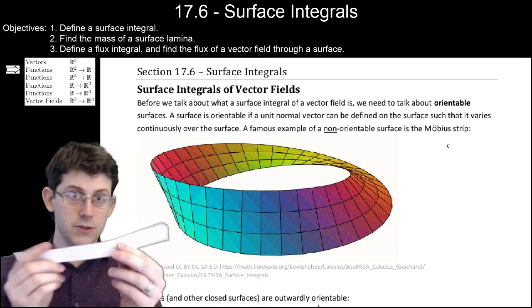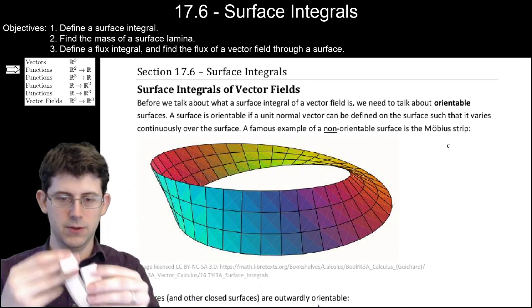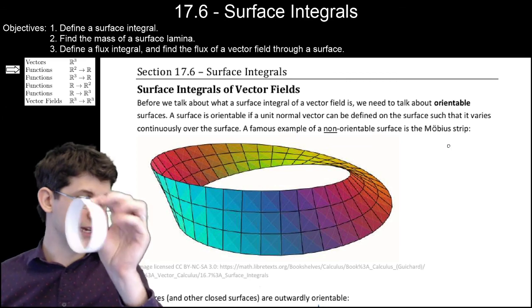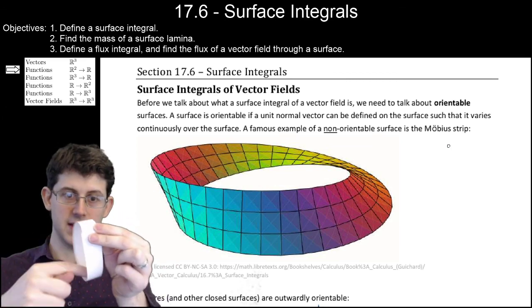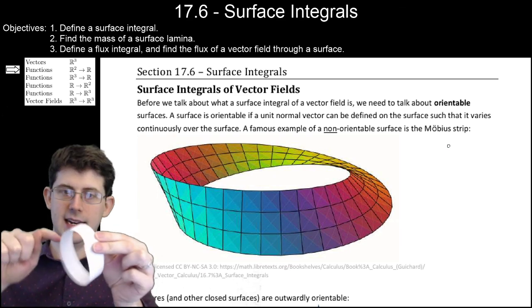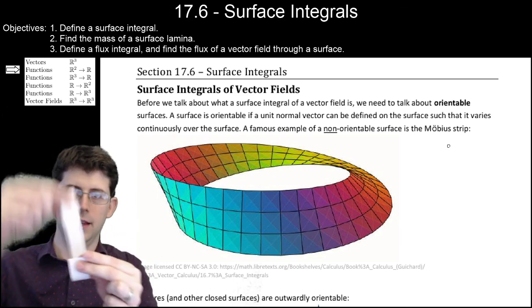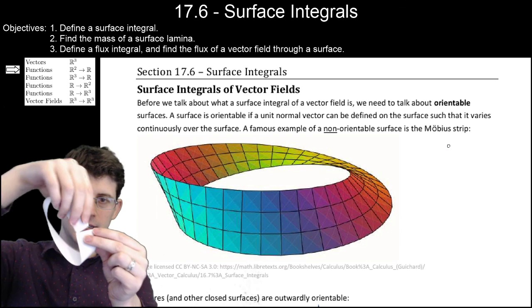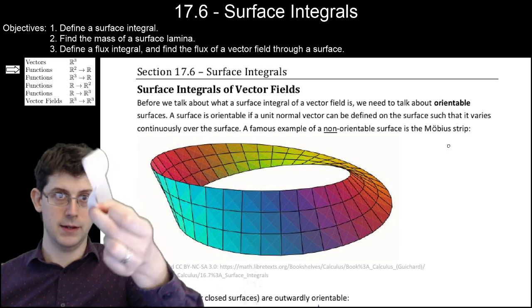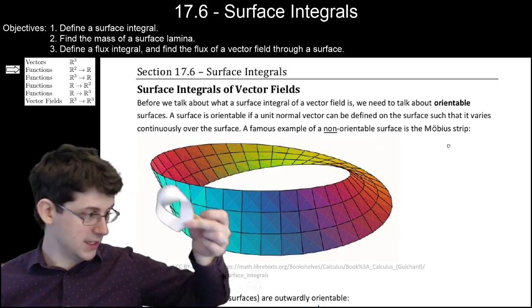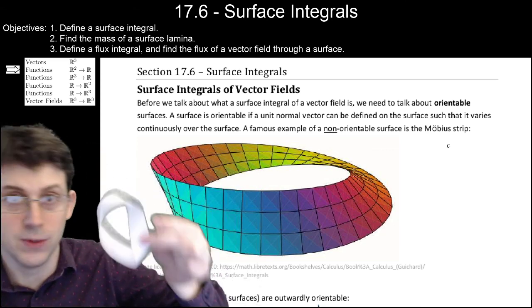If you just take the two ends of your strip of paper and you connect them together, you get a cylinder. And this has an inside, like if I walk this way, I stay on the inside, and an outside. If you instead take one of your ends and you twist it before you attach it, then you get a Möbius strip. And the problem with the Möbius strip is that it doesn't have two sides.